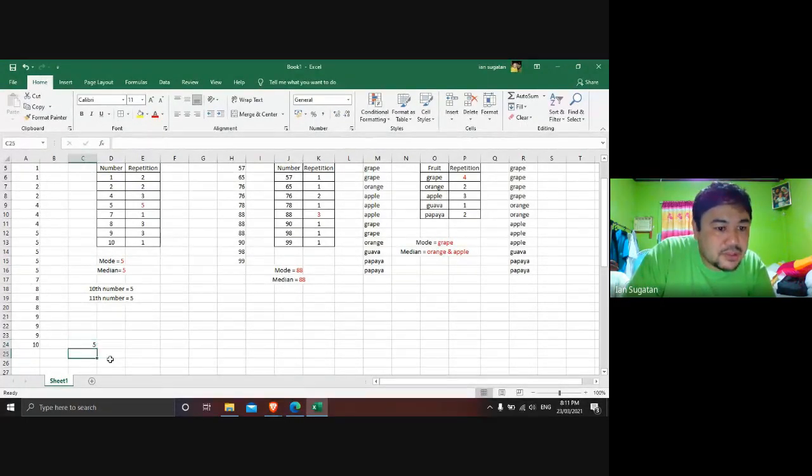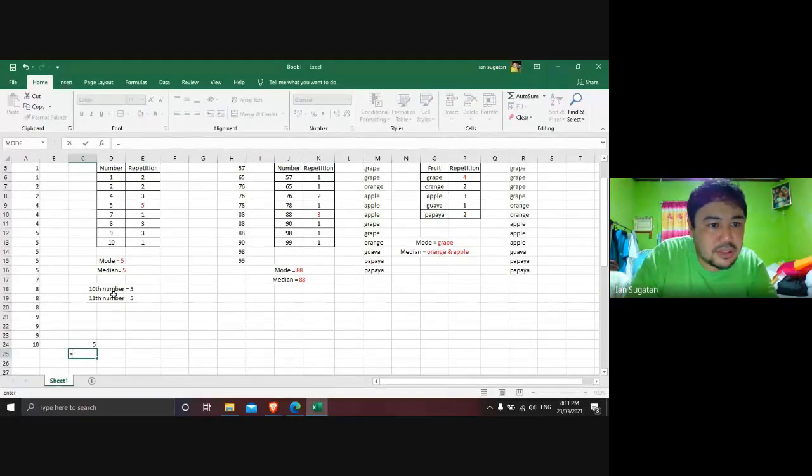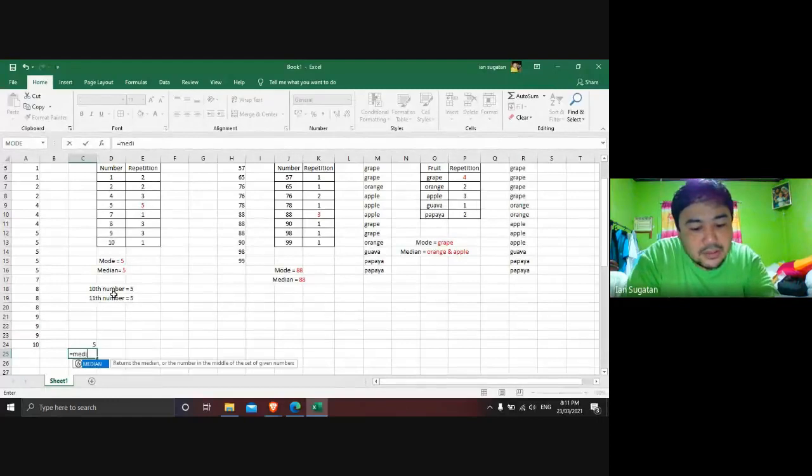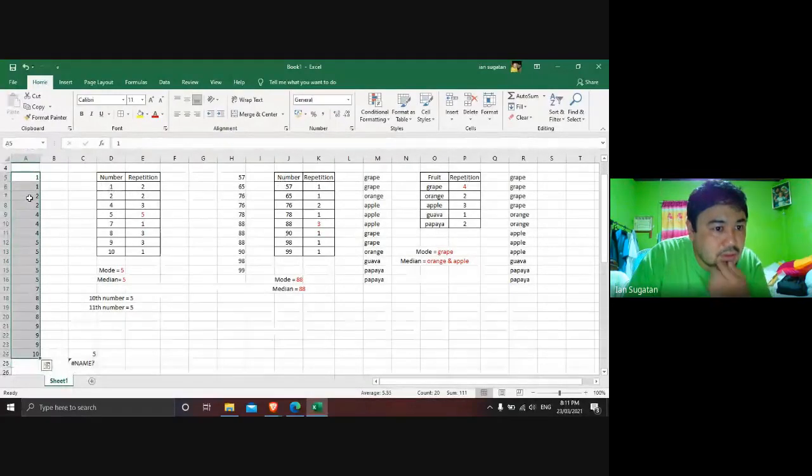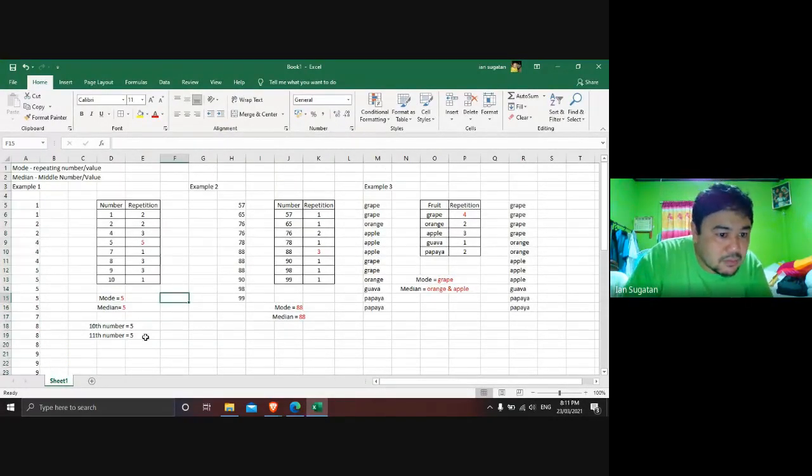What if sa median abi no? Try natin sa median. So ang sa median is equal sign, then median. So I think after kada this one, then panaog, if I'm not mistaken. Then try na, enter. Nagwa ang median.